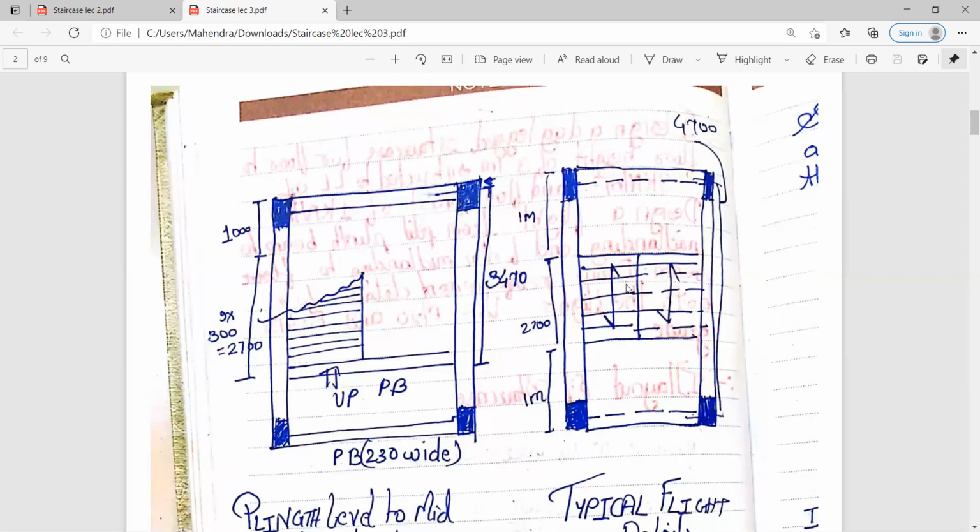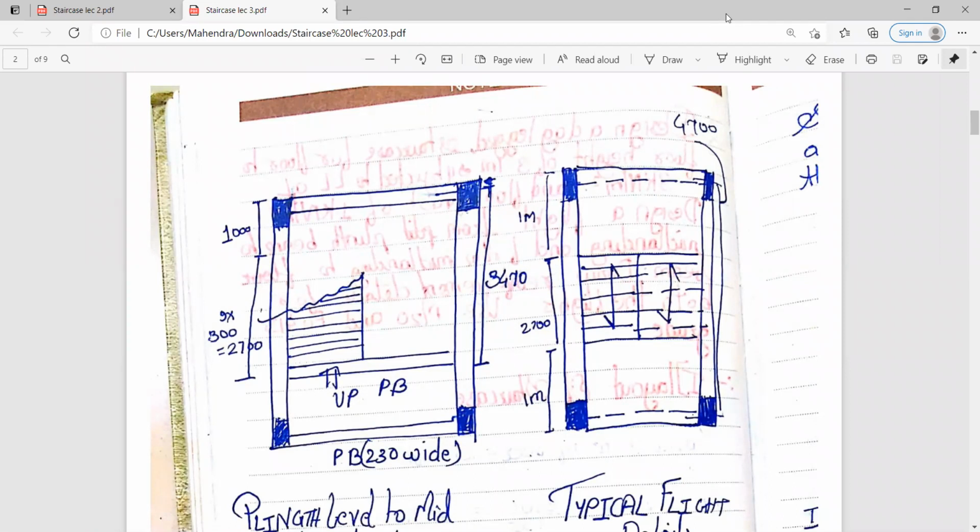And for this section, here they have shown you the two flights. So two flights, again this going distance is 2700. This entire distance is 1 meter. And again, this is your 1 meter. That is the distance of landing and mid landing.